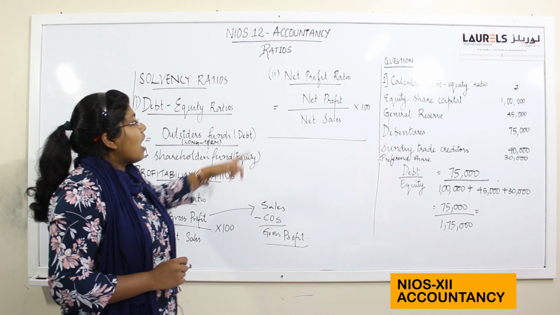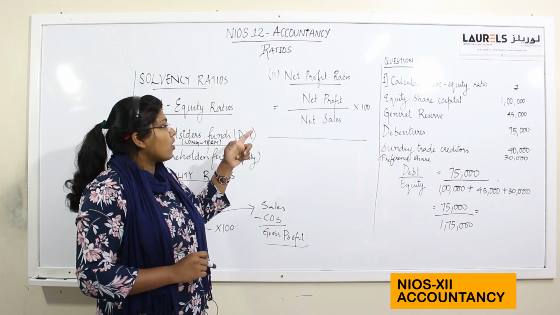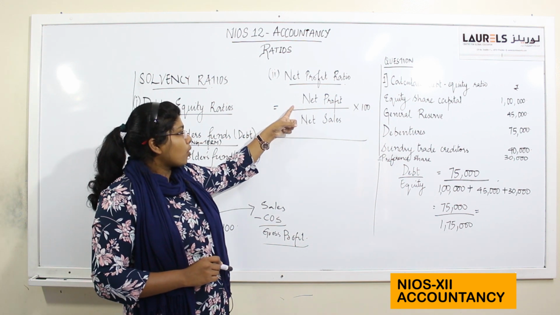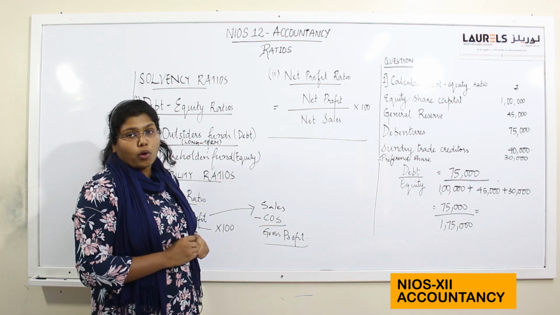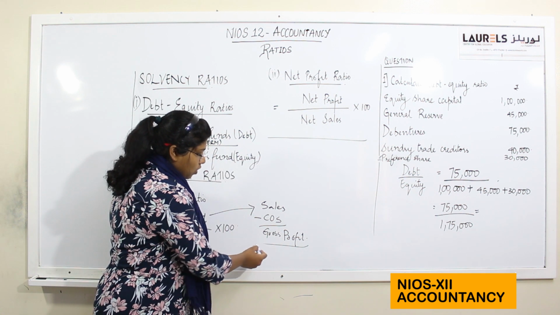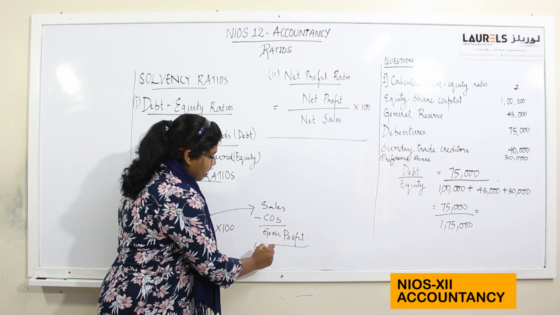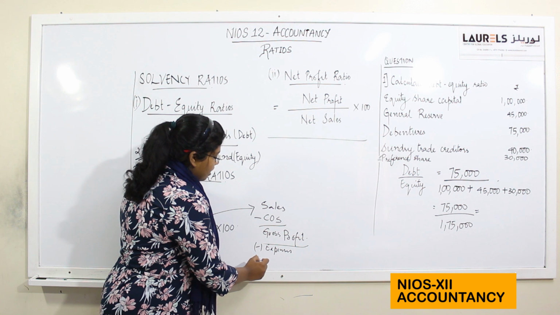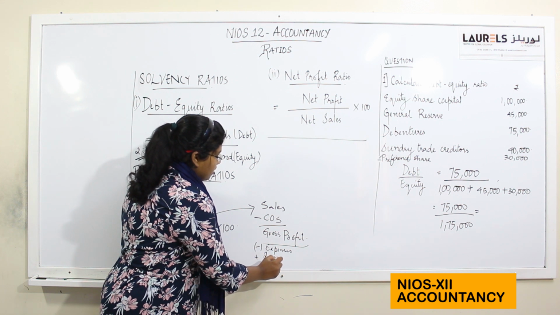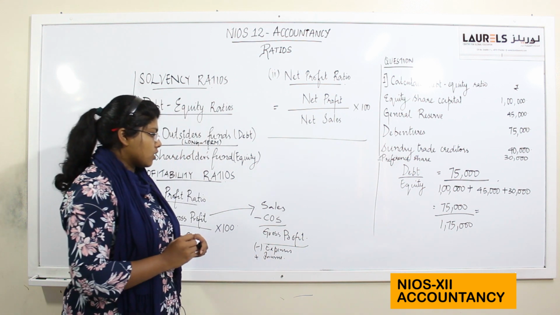In the same way, we have our net profit ratio. Net profit ratio is our net profit by net sales into 100. Now, what is net profit? From our gross profit, when we subtract our other expenses and add our other incomes, we get something called operating profit.